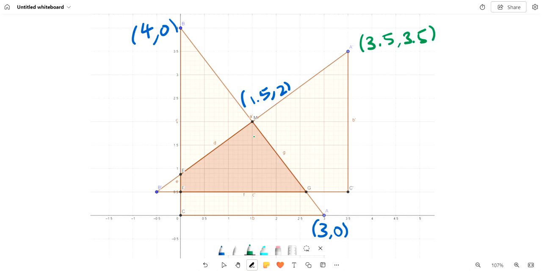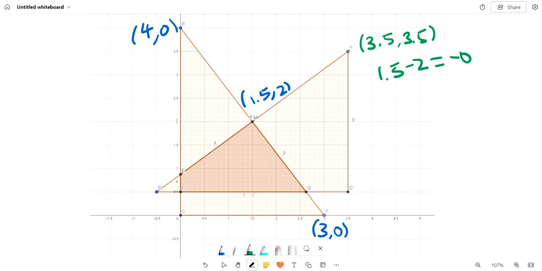From this, we can also find what B prime would be using the same logic. And so M down to here, and M also horizontally like that, we find that B prime will equal 1.5 minus 2 equals minus 0.5, and 2 minus 1.5 equals 0.5.